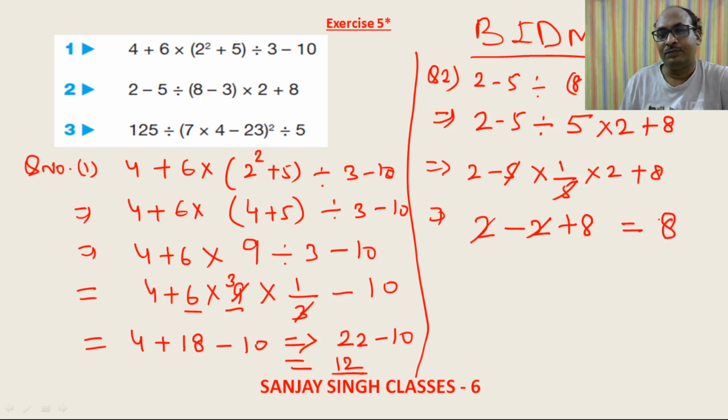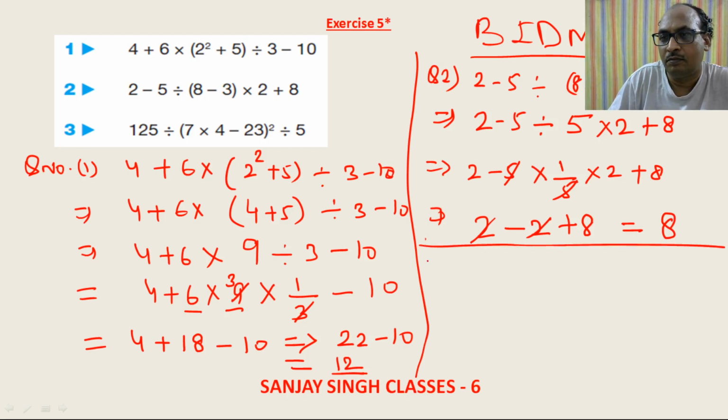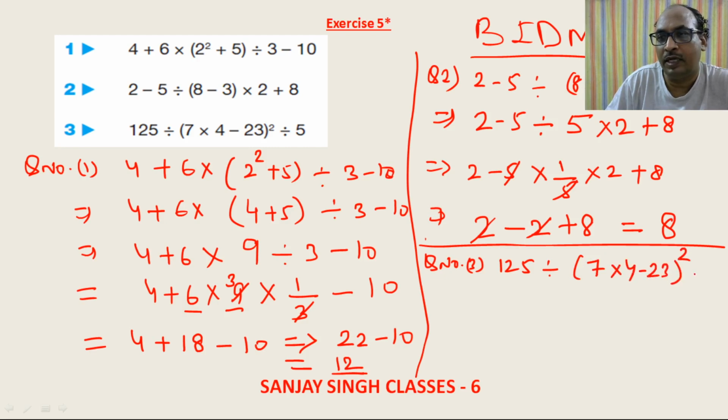Okay, right. Now question number 3. We are given 125 divided by (7 into 4 minus 23) square divided by 5. The bracket part we need to solve first.